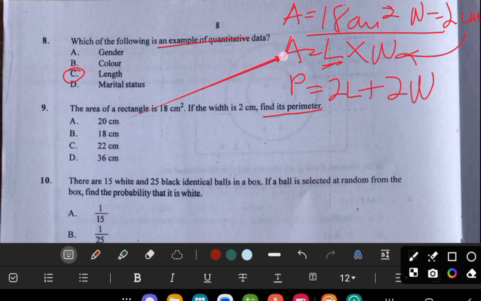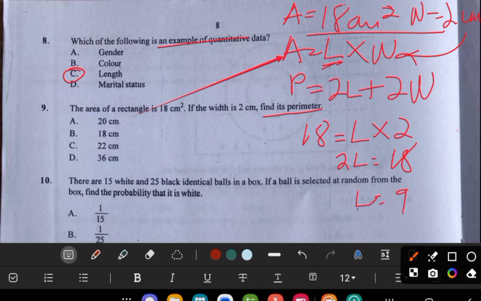Focus is on this formula now, because without this formula we can't solve. So we move straight into substituting. So we have 18 equals, the length is what we don't know, multiplied by the width, which is 2. Now when we multiply the L by the 2 to be 2L, so 2L equals 18. Divide both sides by 2, we're going to get L equals 9.